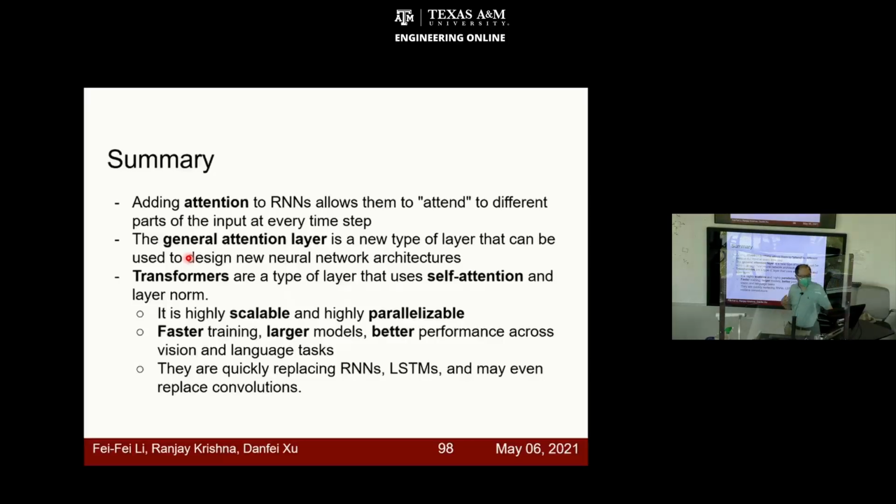So it's faster parallelizable training, larger models, better performance, and they are quickly replacing RNNs and LSTMs, and may even be replacing the convolutions, but I don't think we should understand transformers in that superficial way, okay? So I don't think LSTMs or CNNs will be completely replaced by the transformers, okay?